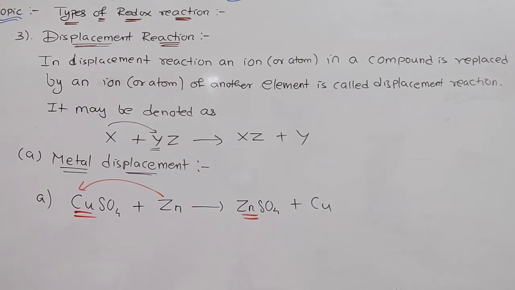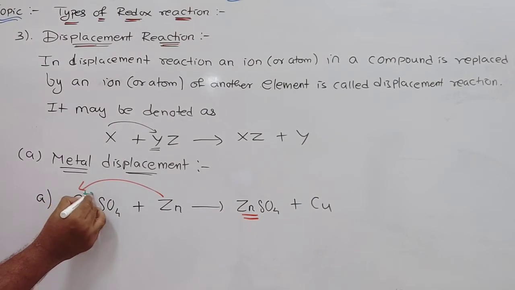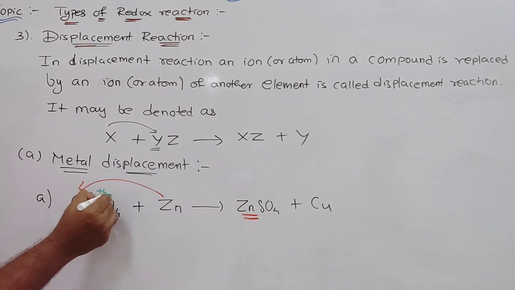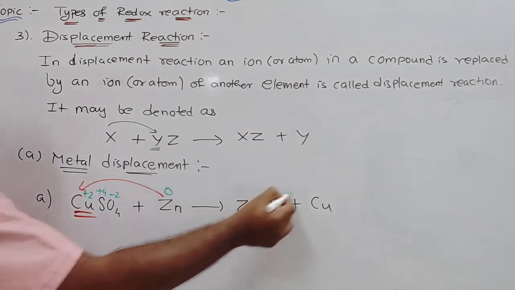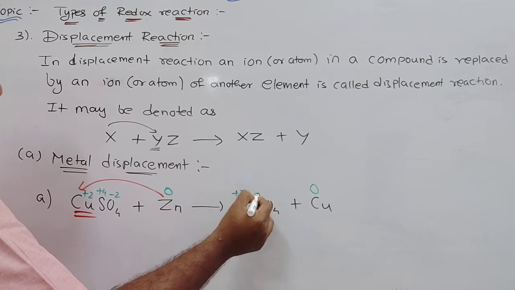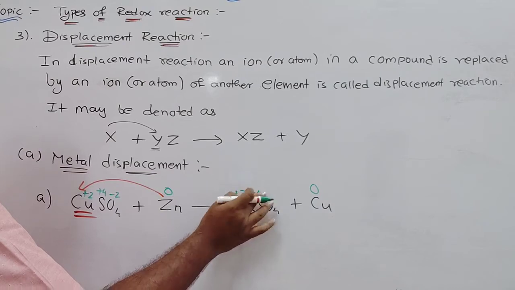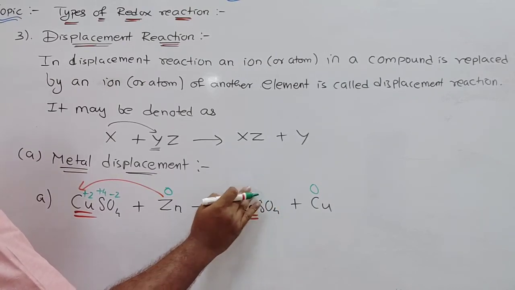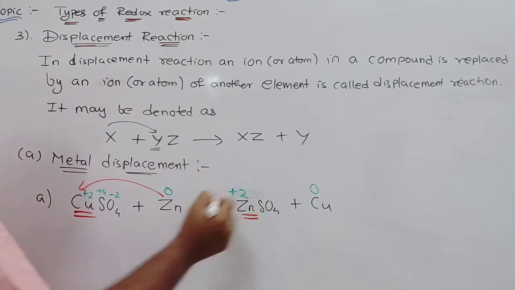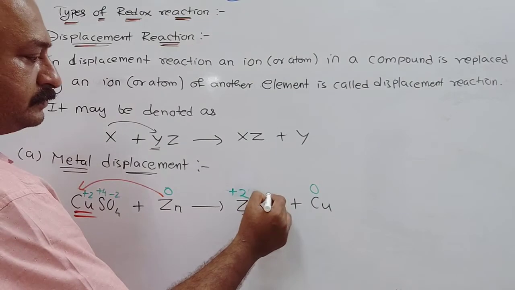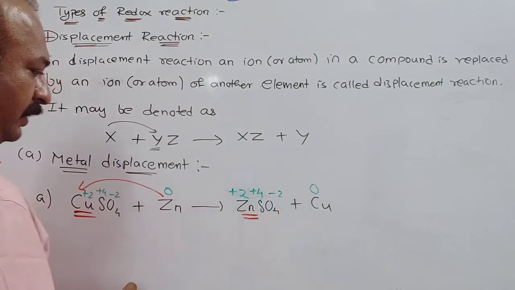Now if you write the oxidation numbers, copper is +2, sulfur is +4, oxygen is -2, zinc is 0, this is also 0, this is +2, sulfur +4, and oxygen -2.